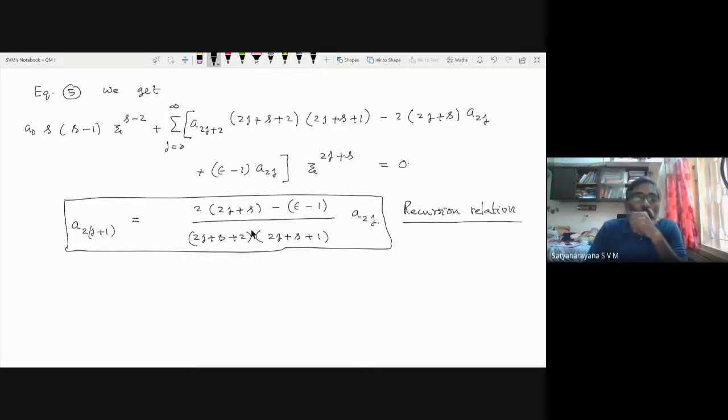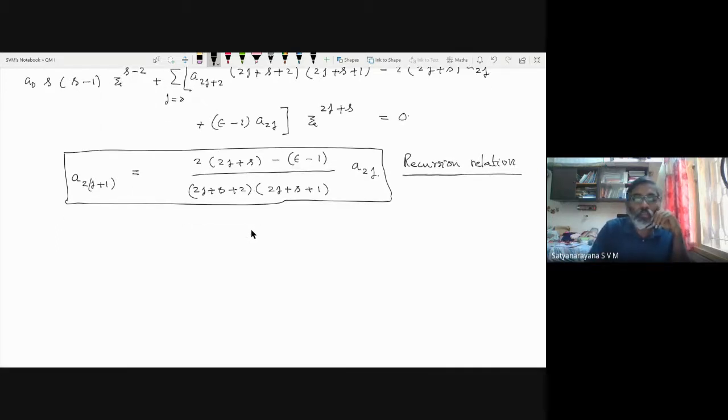So you can notice that this particular recursion relation is going to give you, suppose I put j equal to 0, I have a0, then I have a2. So from a0 we get a2, a4, etc. Or from a1, we get a3, a5.